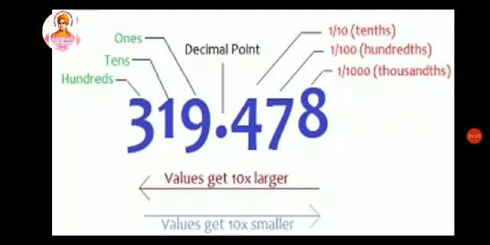The first number, 9's place value is ones, then tens, then hundreds. But in the decimal part, we mention the place value from the left side. The first number on the left is 4, so the place value of the 4 is tens, then hundreds, then thousands. It goes on like this.